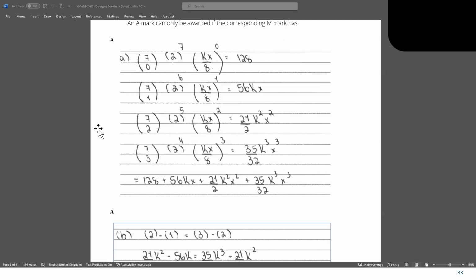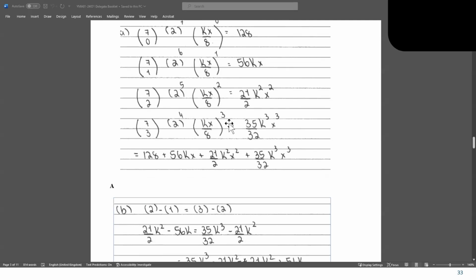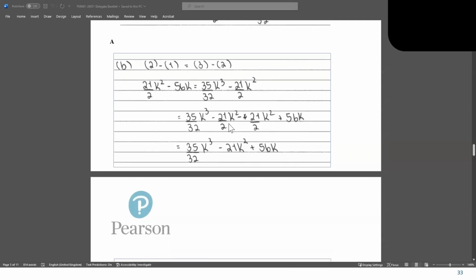So they got all 4 marks for that one. The second one, part B, in this case the student received 2 marks. We condone the omission of equals 0 for the equation, but k equals 0 must be rejected.